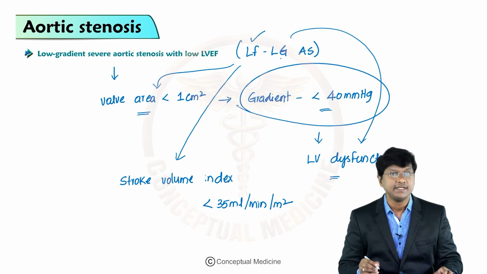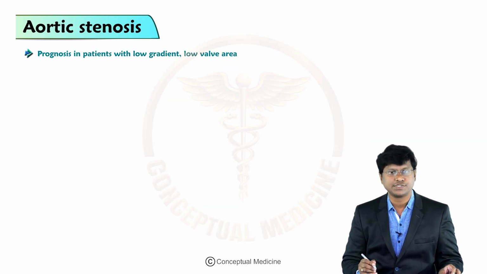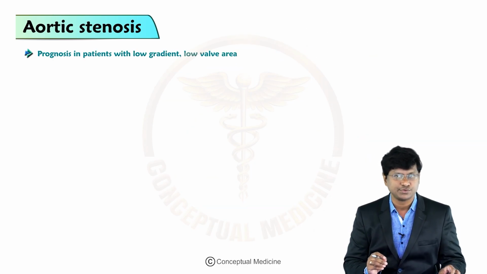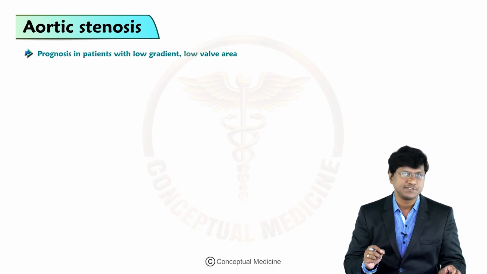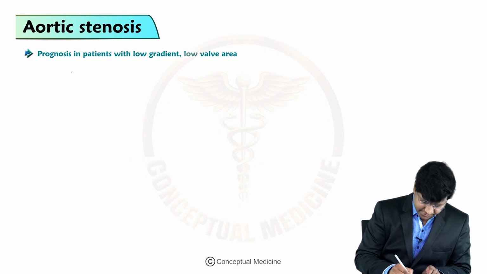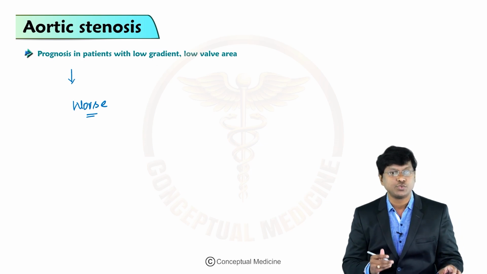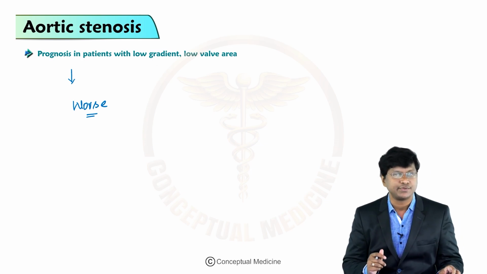Right? If you see the prognosis in patients with aortic stenosis of low flow, low gradient, the prognosis is worse than in patients with the traditional high gradient aortic stenosis.